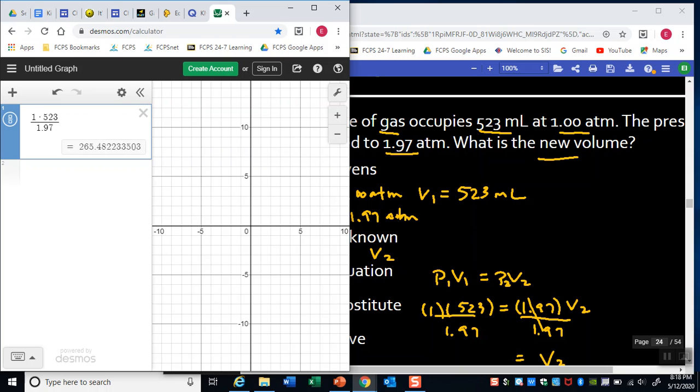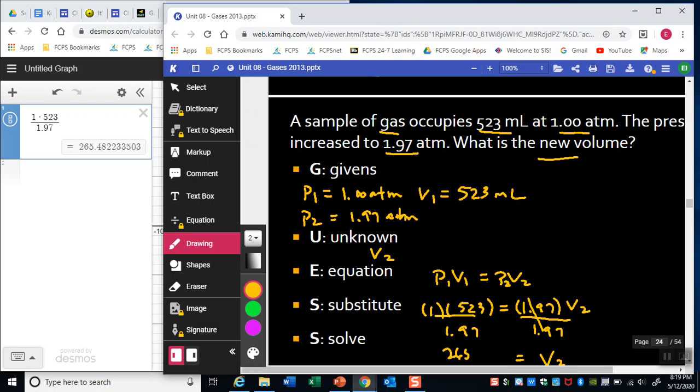All right. And so that gives me 265.5. All right, 265.5 for my new volume over here, and then that would be milliliters. Right, because this was in milliliters, so this is going to be in milliliters.